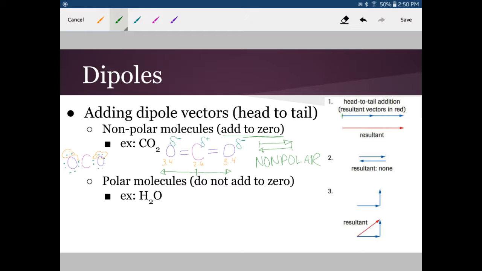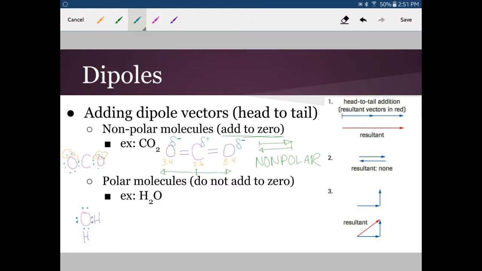Okay, now if we look at a polar molecule, let's take a look at our next example of water. We have oxygen as our central atom and 2 hydrogens surrounding that. Total of 8 electrons, 6 from oxygen, 1 from each hydrogen.